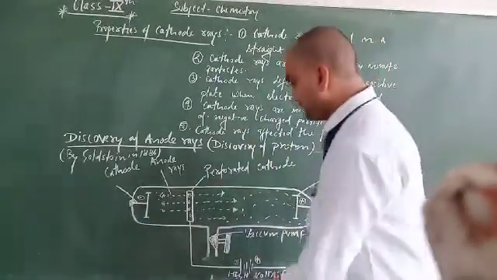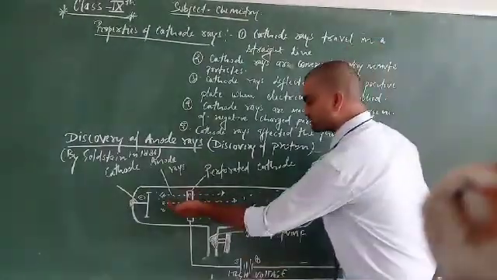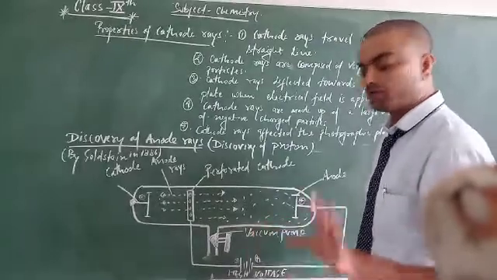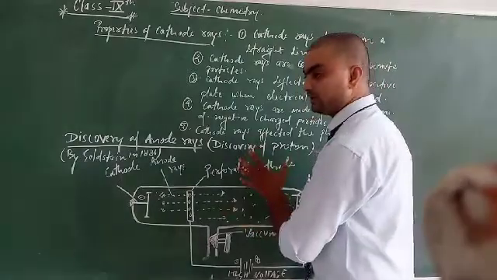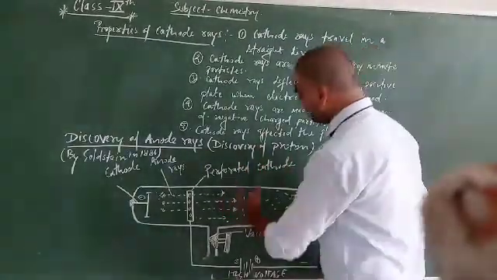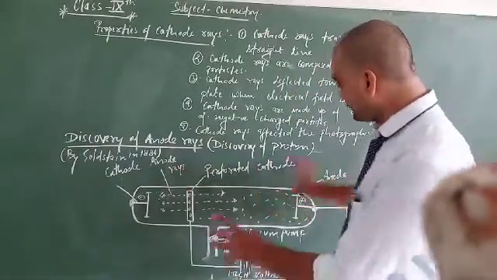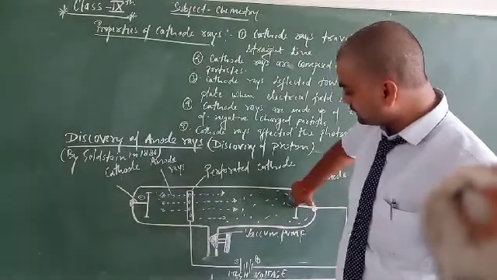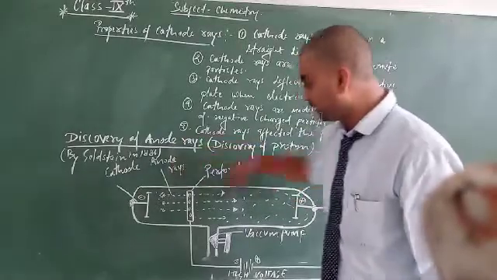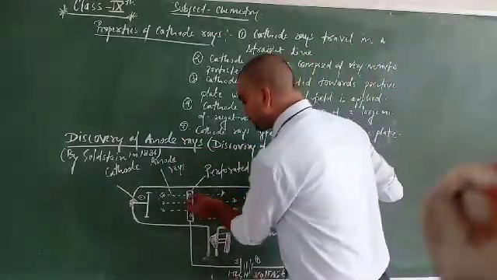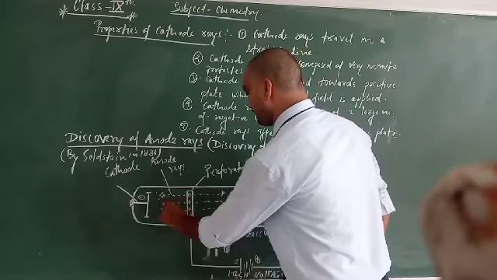Clear? He said that when the current is passed inside this discharge tube, then no doubt the cathode rays will originate from the cathode side. We already know about this. But at the same time, the anode rays will also originate. Clear? And they will go towards the cathode side. So when the current is passed, the anode rays start to travel from the anode to the cathode. He predicted that only anode rays will pass through the holes.